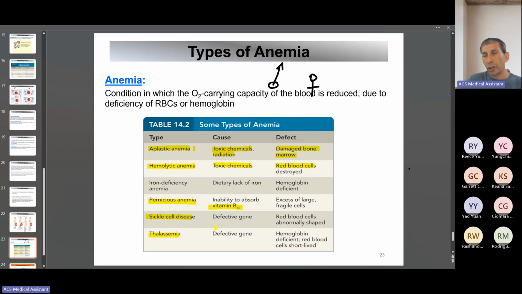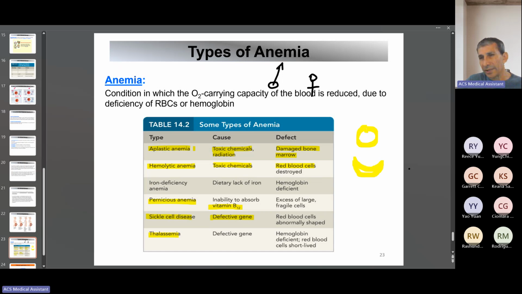Well, thalassemia you probably never heard about, but probably sickle cell. Usually these are not questions asked, but sickle cells are defective cells. So the red blood cells are shaped differently. They are not round. They look like a half moon, like this.